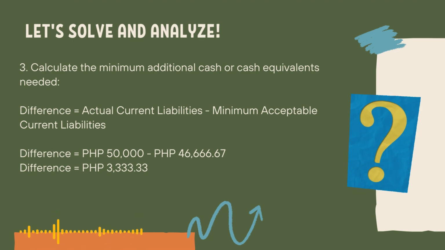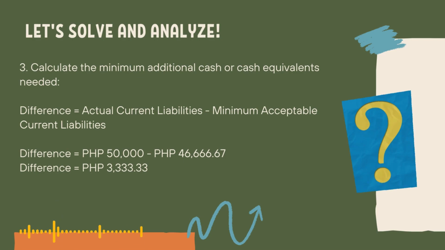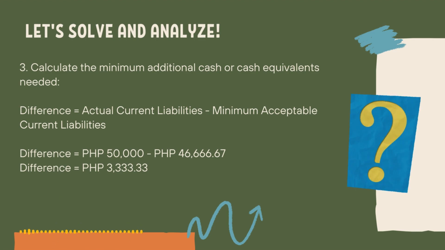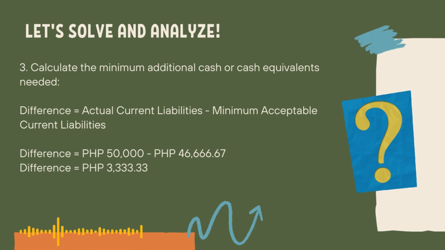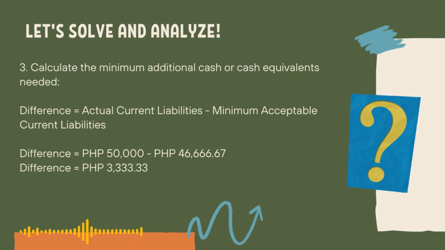So the difference is 3,333 pesos and 33 centavos. Therefore, Aling B needs to add at least 3,333 pesos and 33 centavos in cash or cash equivalents to meet the bank's minimum quick ratio requirement to qualify for the loan.